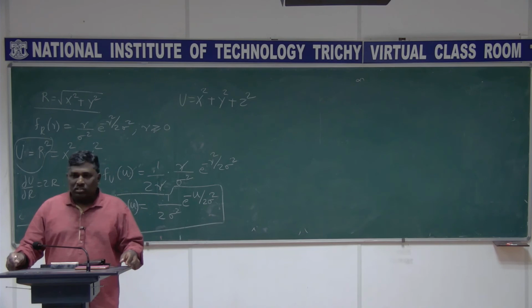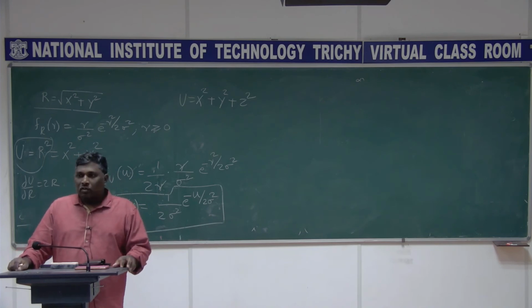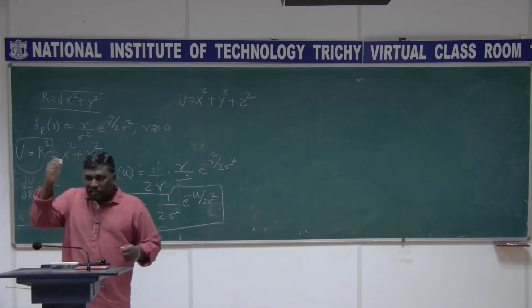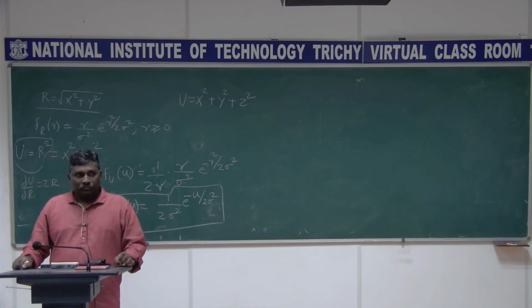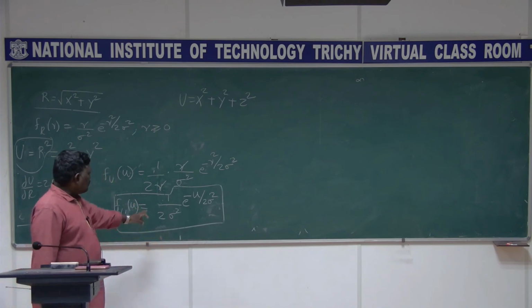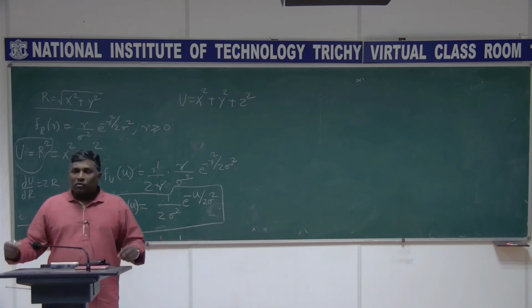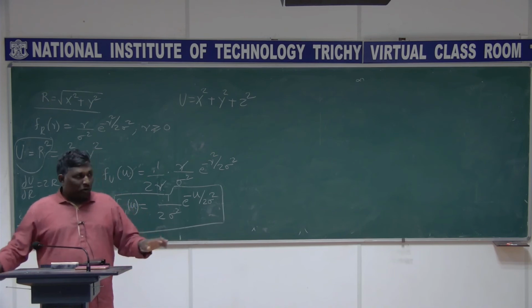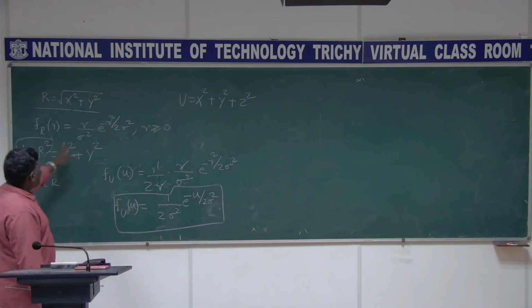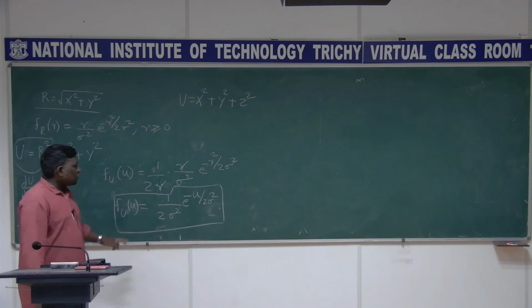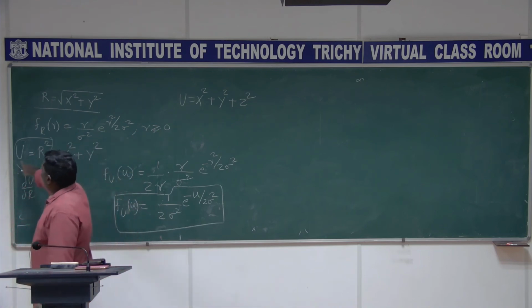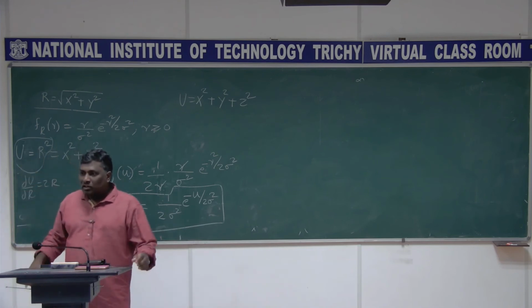How do you find this mean? Expectation of the random variable u means the integral of u fu of u. And what is the range for u? That is very important. In all the cases you have to write the range. I am sorry, actually everywhere I have to write it. Here I have written, but here also you have to write the range for u. U takes values from where?